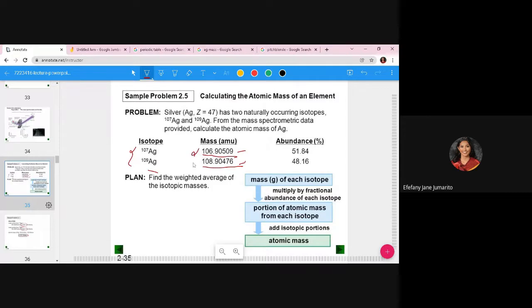For the mass of these isotopes, for example 106.90509, you multiply by the abundance, meaning which of the two is more plentiful. So it is a weighted average: 0.5184 times 106.9509.